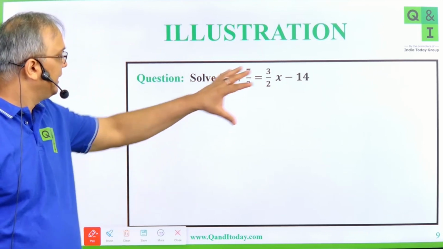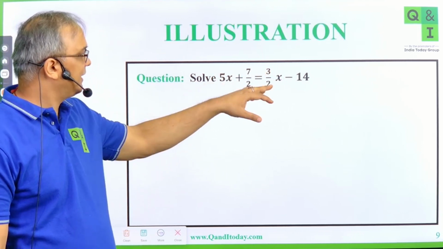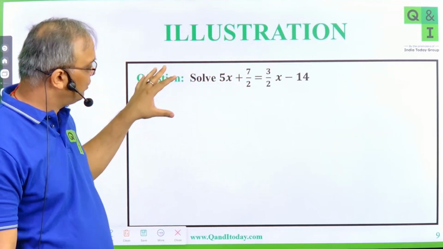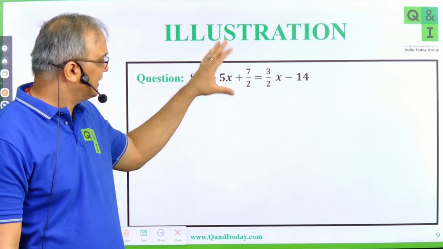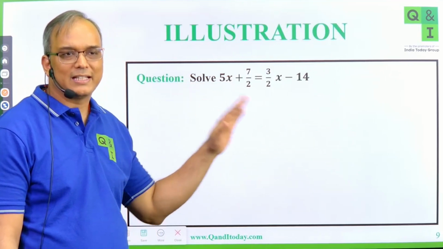So you have to bring 5x and 3 by 2x. 5 is greater than 3 by 2. So I'll bring 3 by 2x to the left, and 7 by 2 I'll take to the right. I'll transpose it this way.